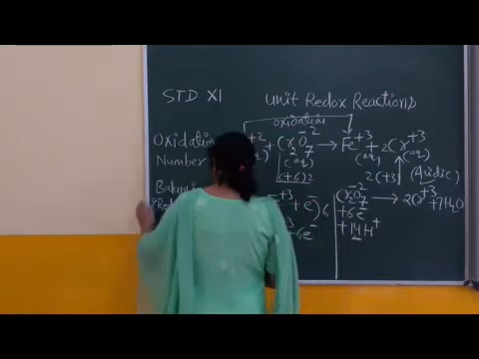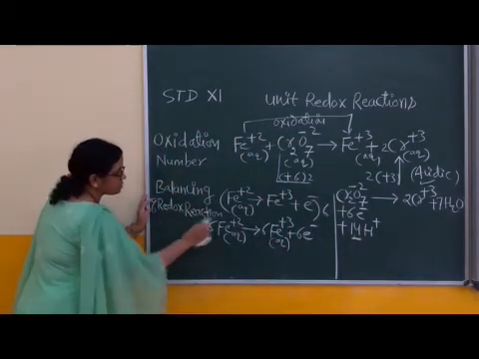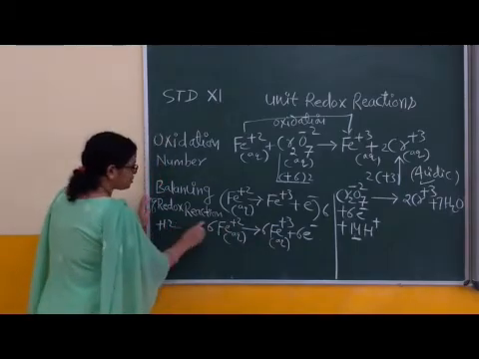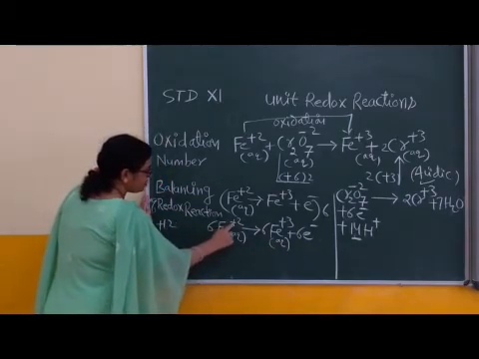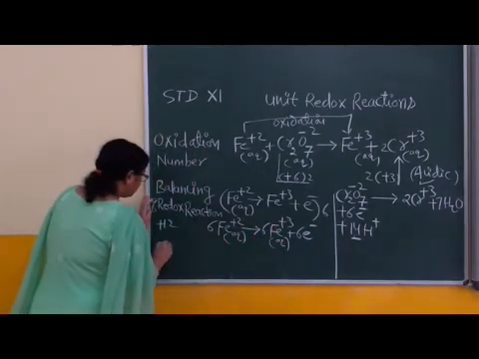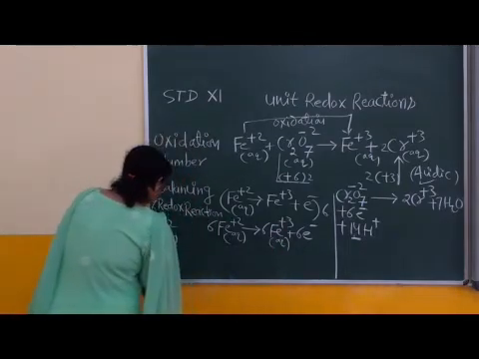This is the balanced reduction half, and this is the balanced oxidation half. Total charge plus 12 on the left hand side, 6 into plus 2. Yes, on the right 6 into plus 3, plus 18 and minus 6.